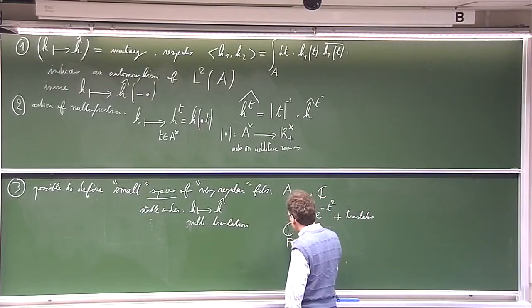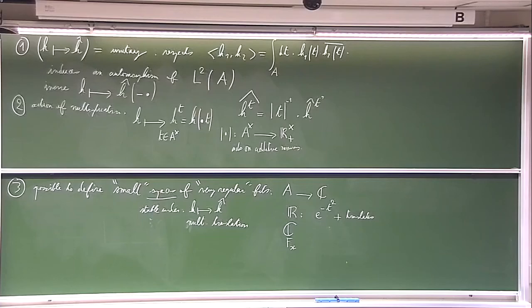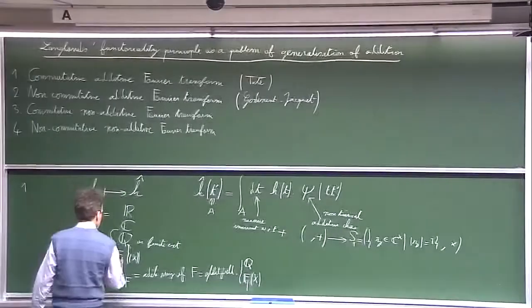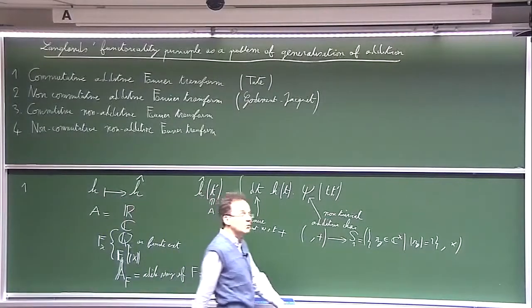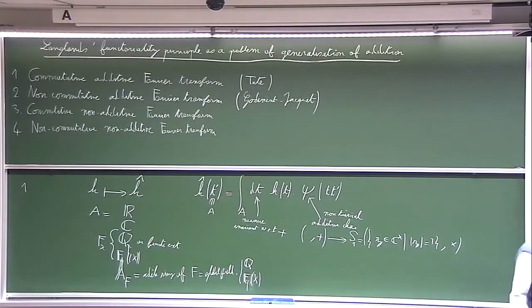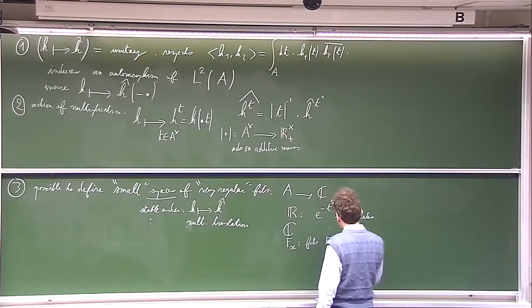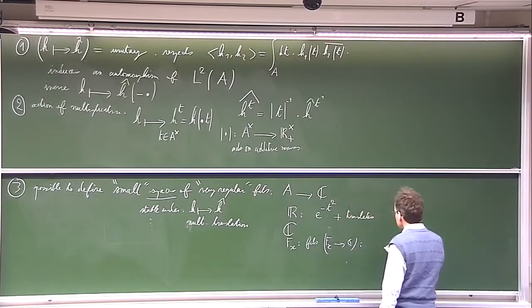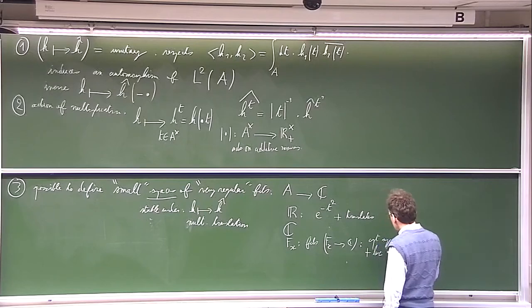Then there are the cases of non-Archimedean local fields. So these are the two cases. These cases, which I usually denote Fx, are the localization of a global field at a so-called finite place. So here, what you consider is the space of functions from Fx to C which have compact support and which are locally constant.